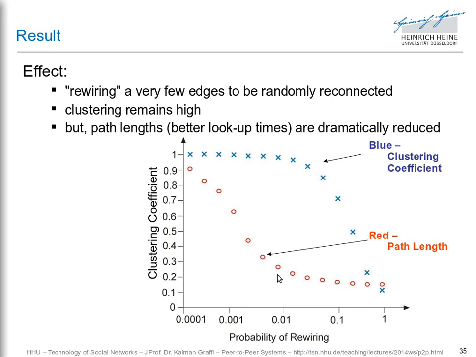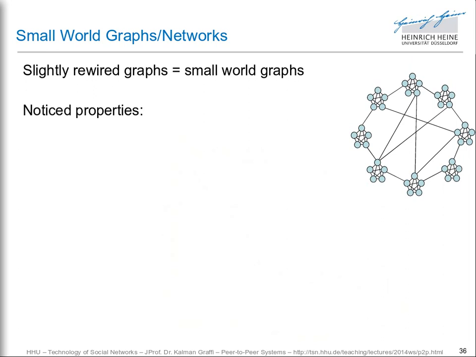The problem with these Watts-Strogatz graphs is that in practice we don't know what the graph looks like. So now we want to check what graphs we encounter in practice, but we will come back to this graph. In reality we have so-called small world graphs.